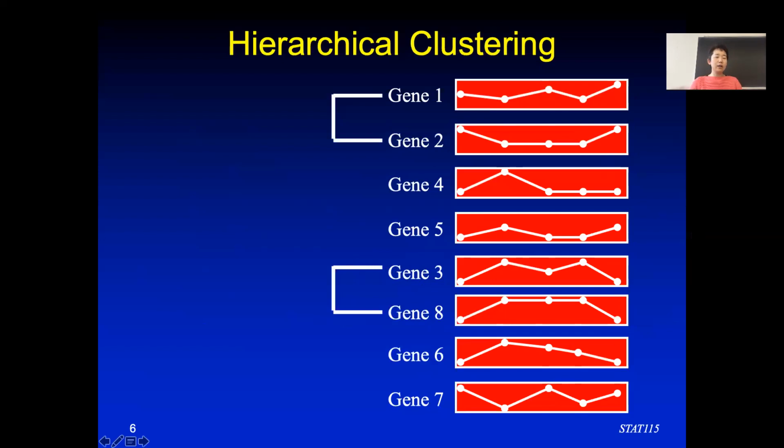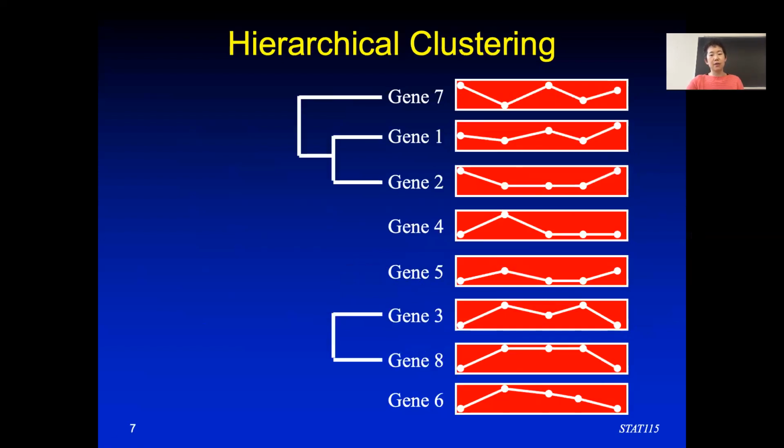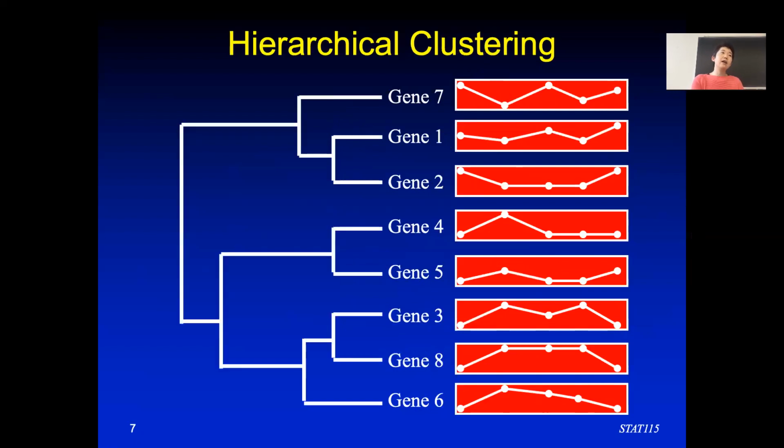Among all the distances, you pick the next closest one and merge them. In this case, a new gene is merged to a previous node, and this creates a new node, and you use this node to calculate the distance with all the other nodes. You just greedily add one at a time, and at the end, you will have just one node.